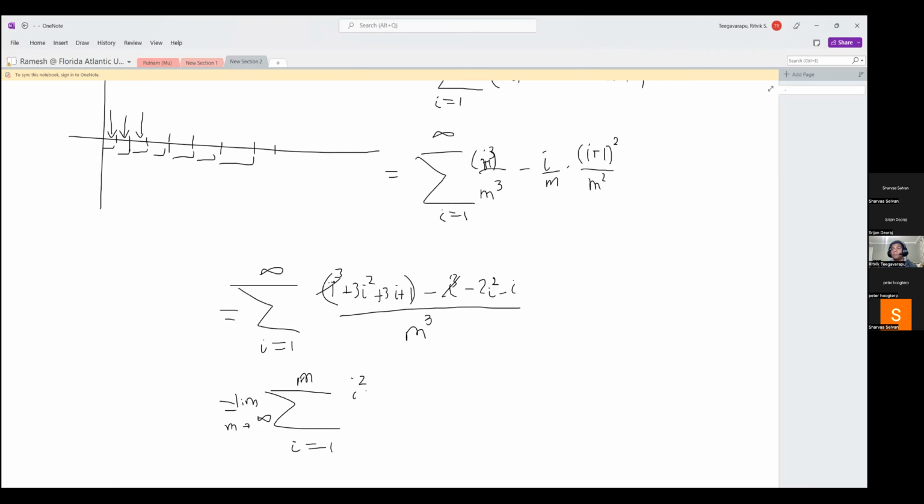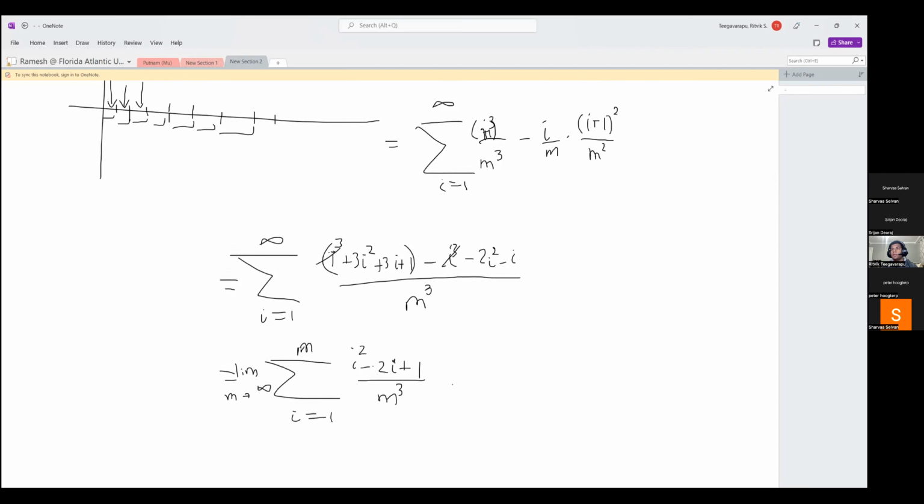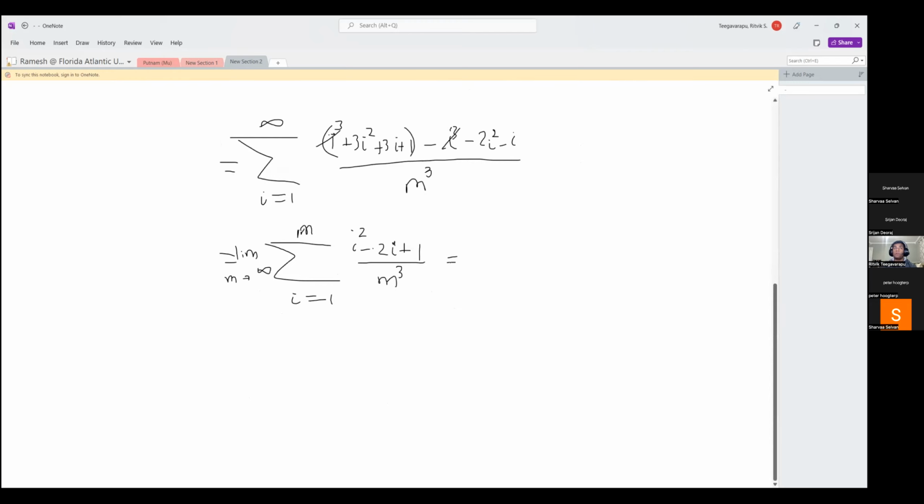Yeah, i squared minus 2i plus 1 all over m cubed. The rest is irrelevant to us, the 2i plus 1, because that's going to be asymptotic to 0 when we approach m equals infinity, especially with m cubed. So all we care about is the i squared, because we know that's going to evaluate to something. So we can factor out 1 over m cubed.